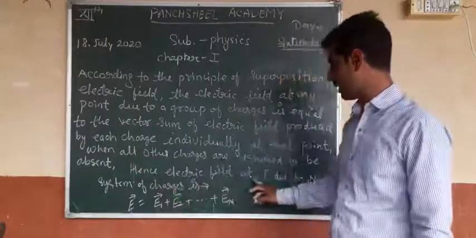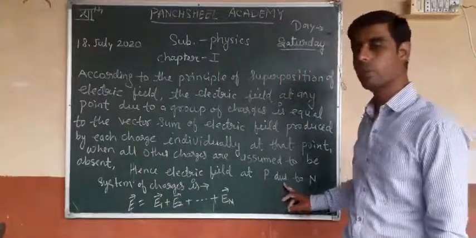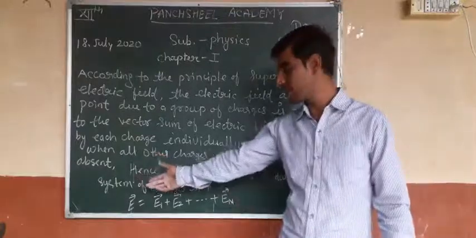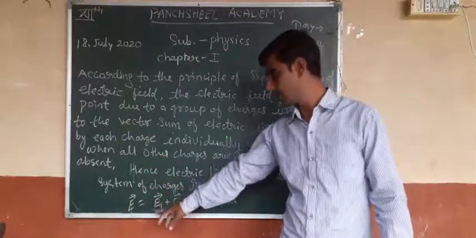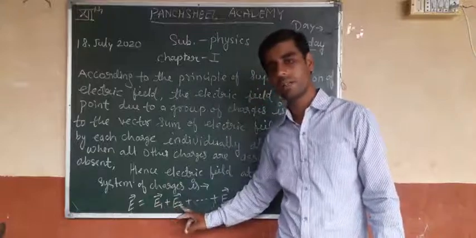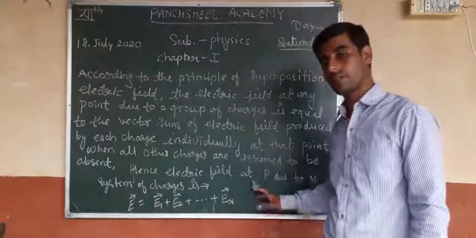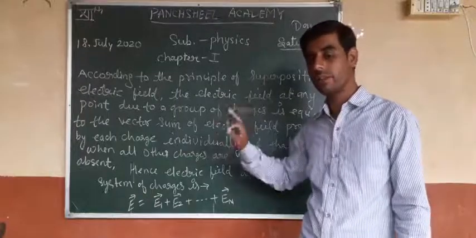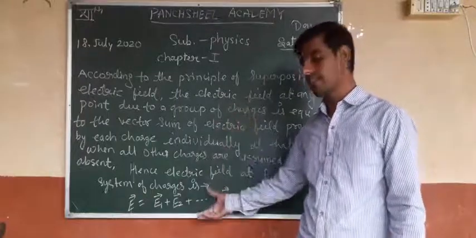Hence, electric field at P point due to n charges, a system of charges, is E equal to E1 vector plus E2 vector plus dash dash dash plus En vectors if n charges are present here.